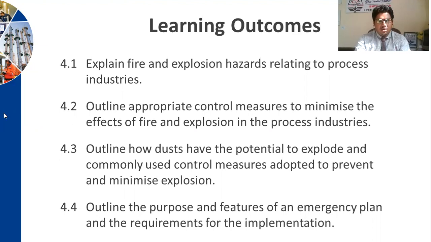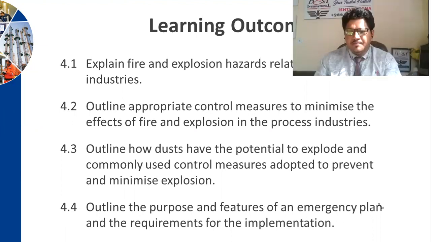The third outcome is how things have the potential to explode and the commonly used control measures adopted to prevent and minimize explosion. We're also going to discuss some of the emergency plan and requirements for implementation, related to the purpose and features of an emergency response plan.